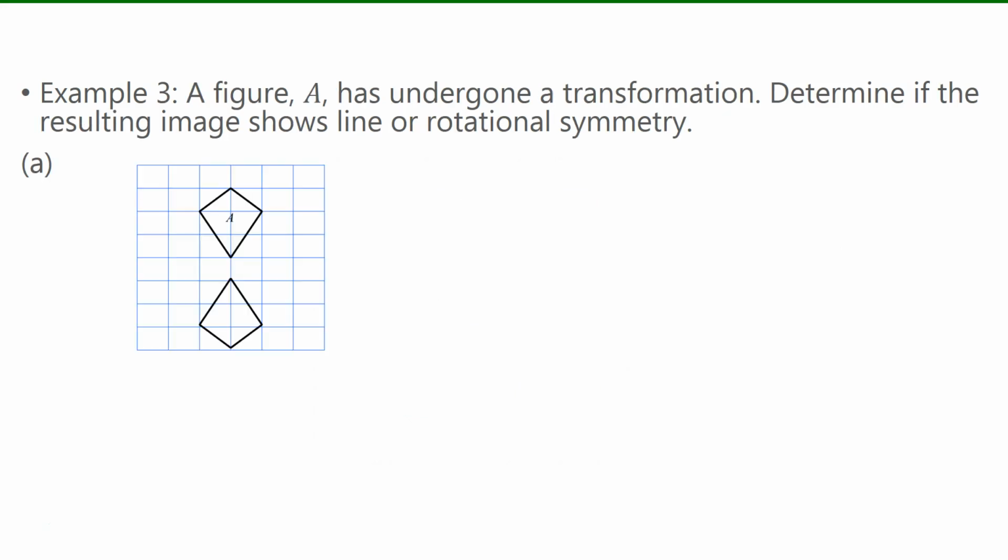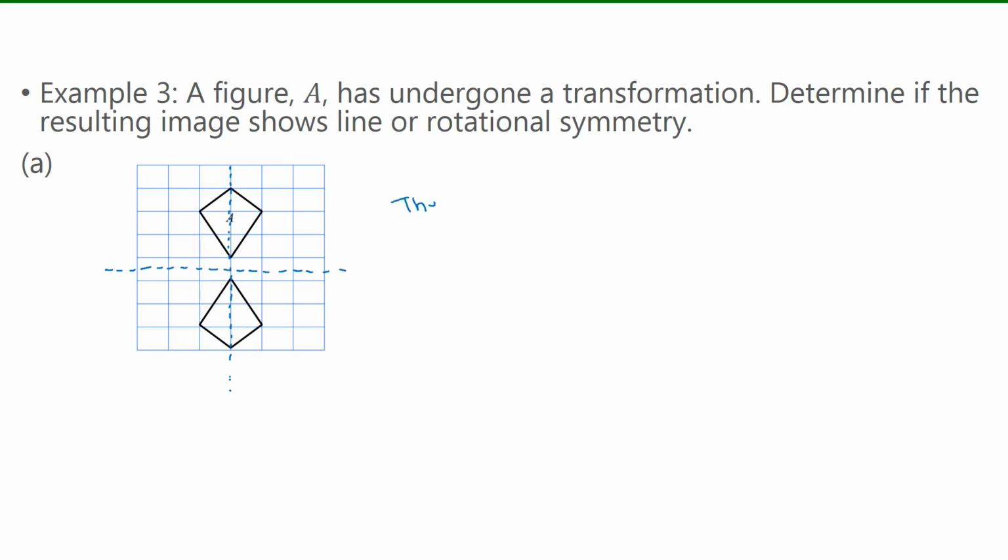Now for example 3, it says a figure A has undergone a transformation. Determine if the resulting image shows line or rotational symmetry. So if I were to fold this figure along this vertical line here, you would see that the points coincide with themselves. So there is in fact line symmetry here. There's also a horizontal one as well.